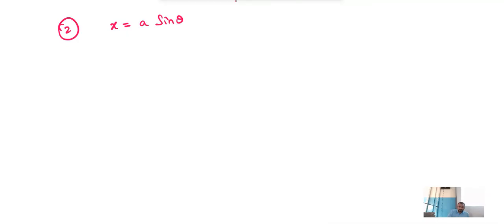Question number 2. Make a note. If x equals a sin theta and y equals b cos theta, write the value of b square x square plus a square y square.